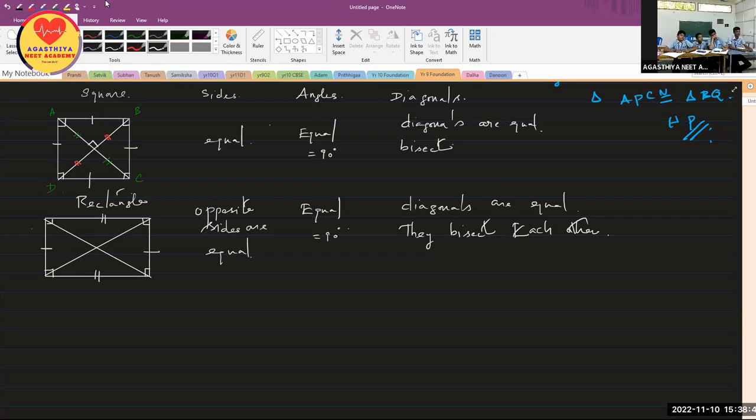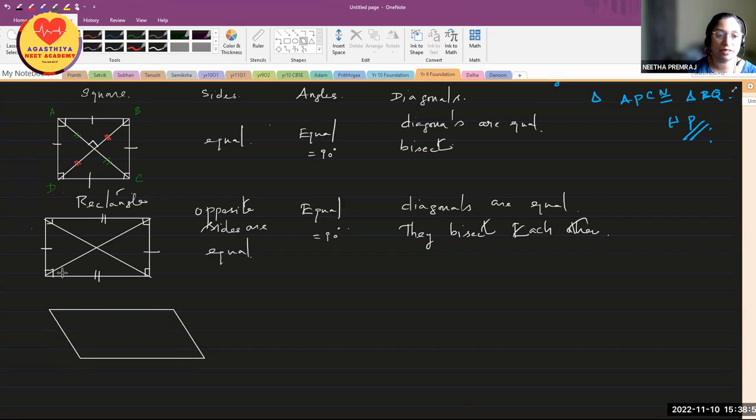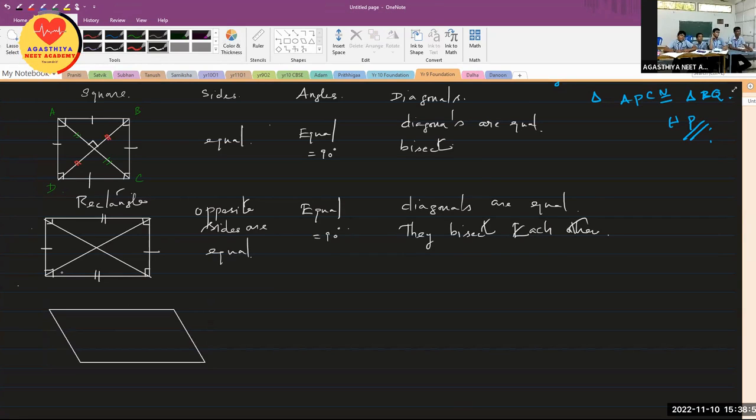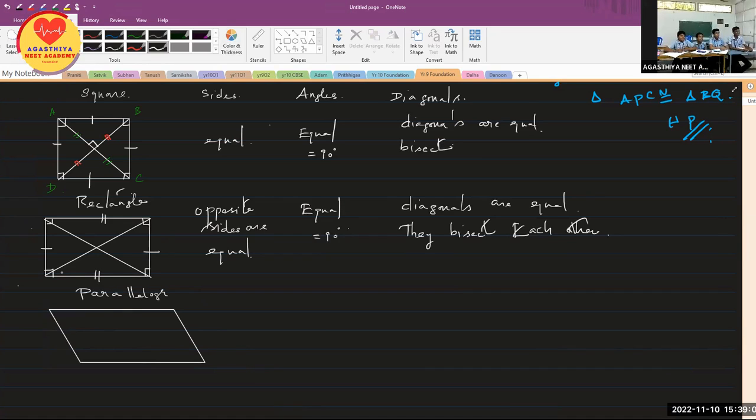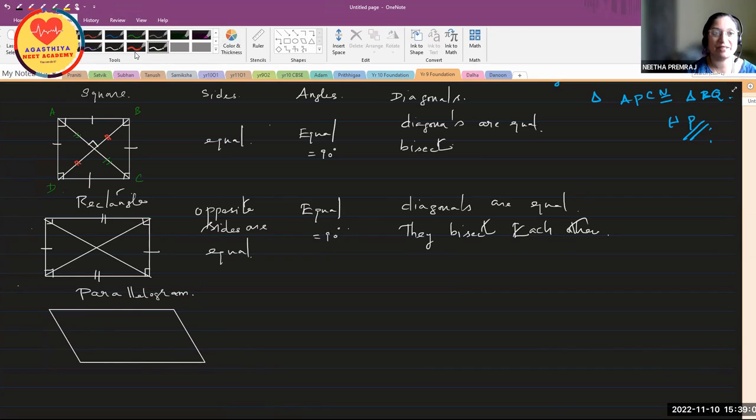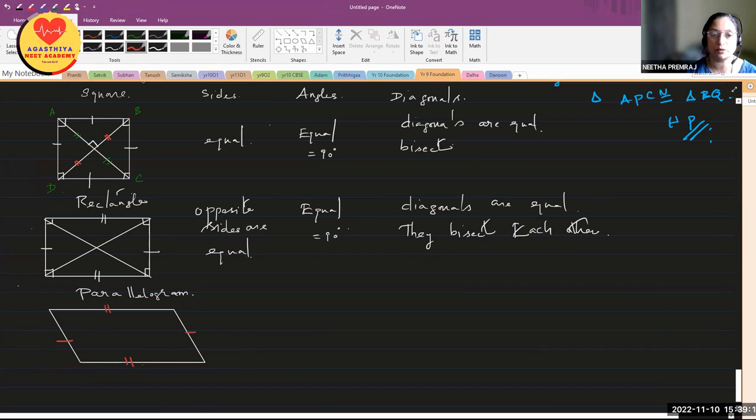Then another. What about this? It's a parallelogram. What about the sides? Very good. Opposite sides are not only equal, opposite sides are parallel and equal. You can say that way.